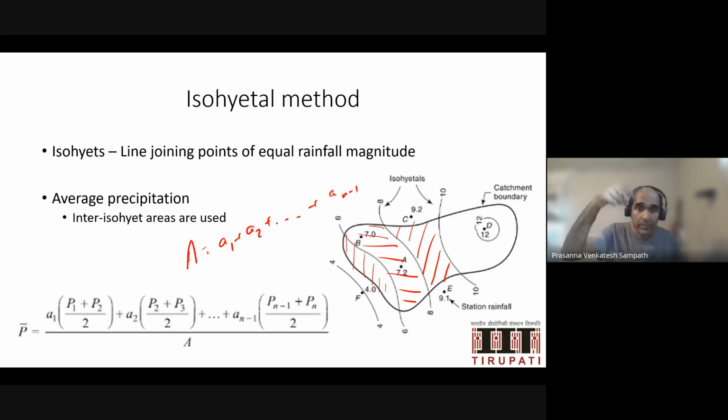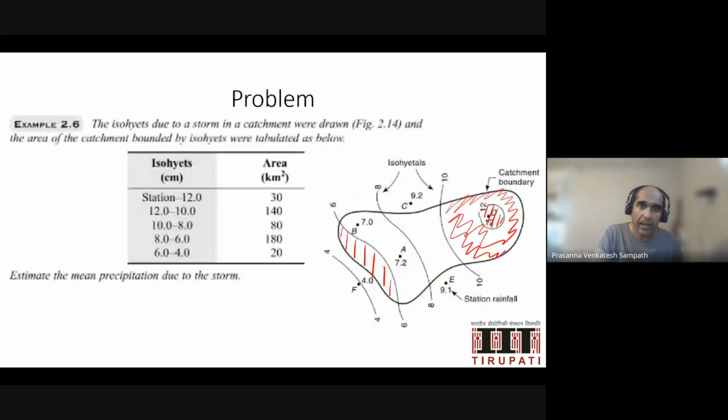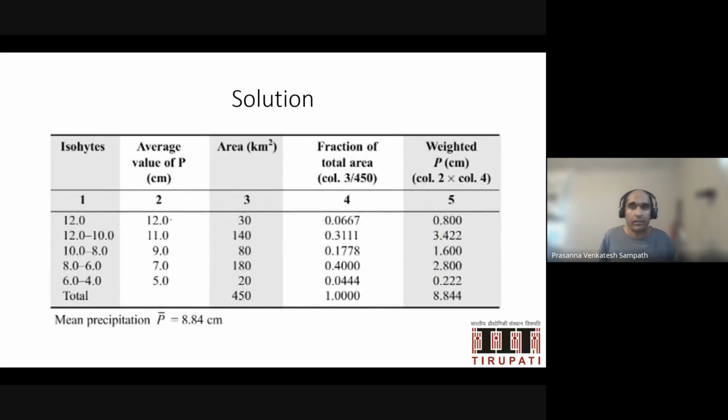That would be the fraction. This fraction of total area, this column number 4, is nothing but A1 divided by capital A. So this is 30 divided by 450, 140 divided by 450, 80 divided by 450, and so on. And then you take these fractions, multiply them by the average precipitation for each of those inter-isohyets.